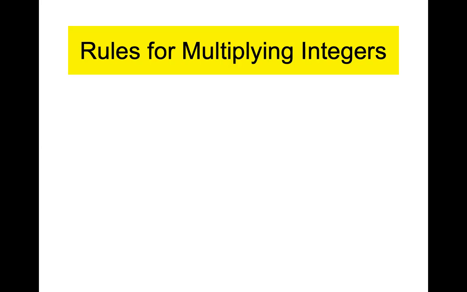Well, then tell me the rules. Okay, so you don't know the rules. Porter, what are the rules for multiplying positive and negative numbers? Porter doesn't know the rules. Do I need to call on anyone else?